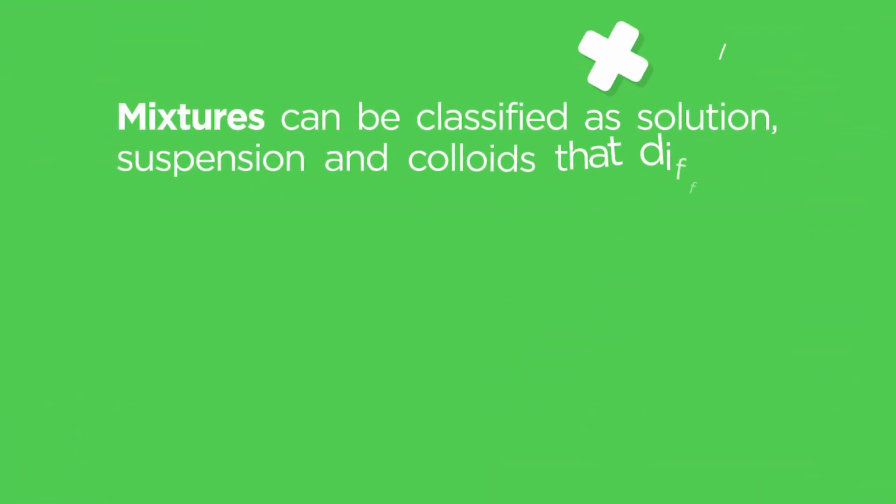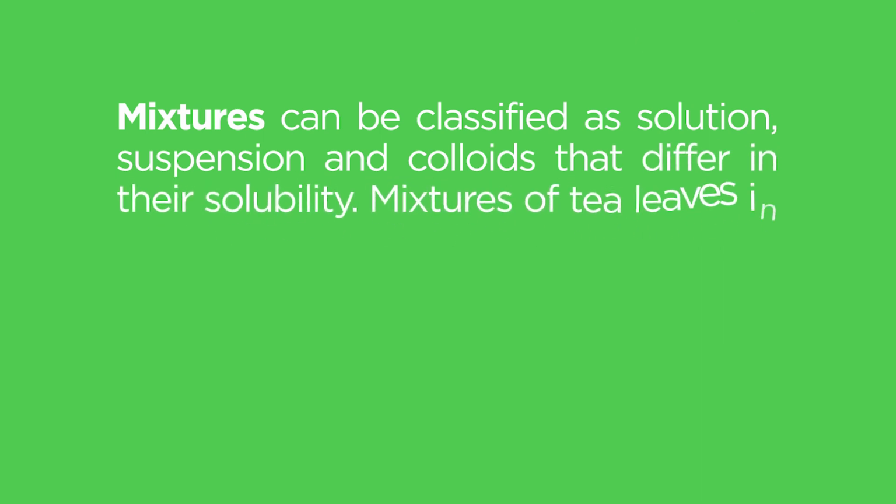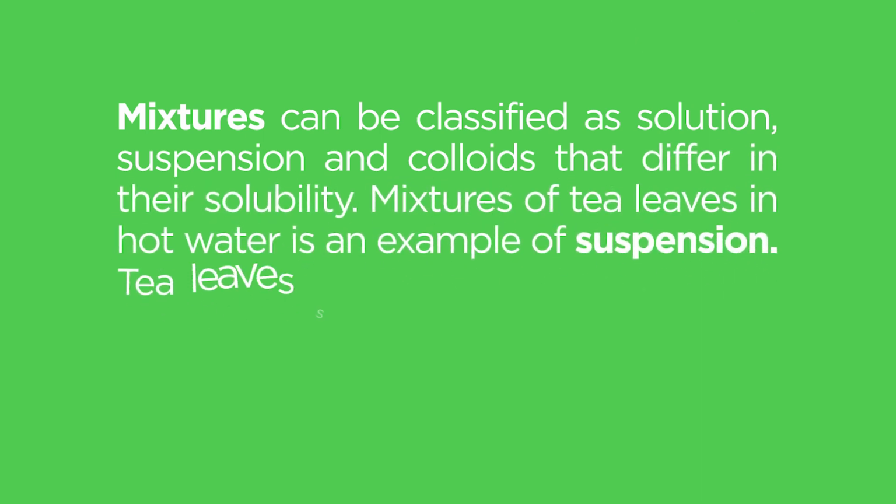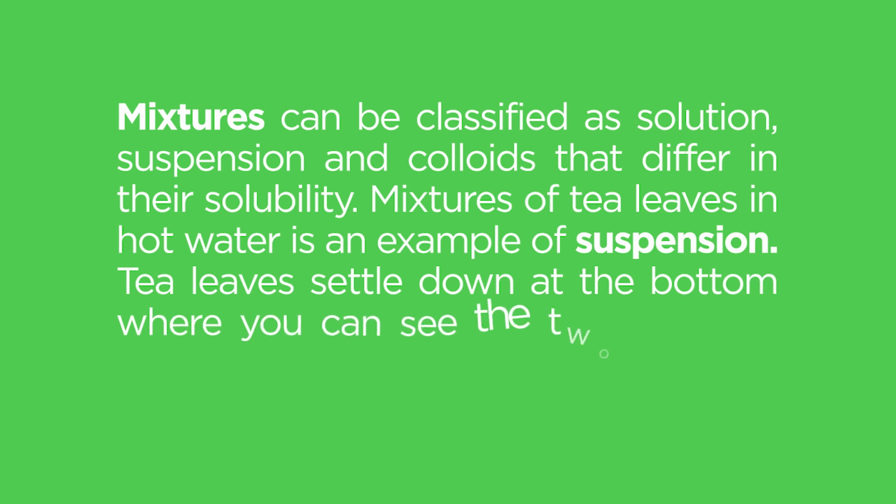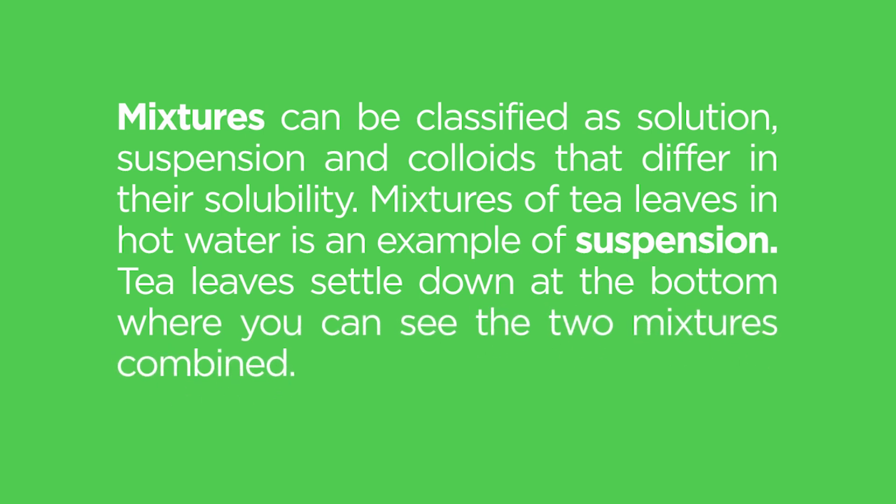Mixtures can be classified as solution, suspension, and colloids that differ in their solubility. A mixture of tea leaves in hot water is an example of suspension. Tea leaves settle down at the bottom where you can see the two mixtures combined.